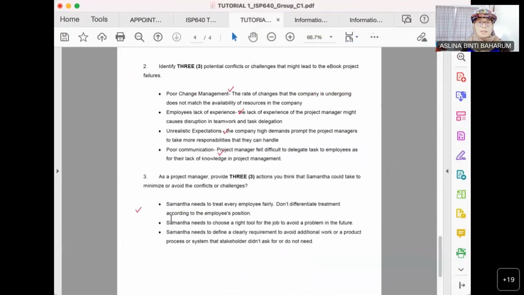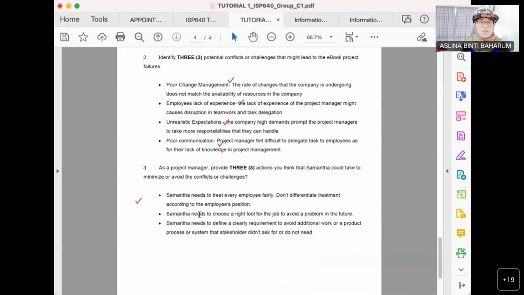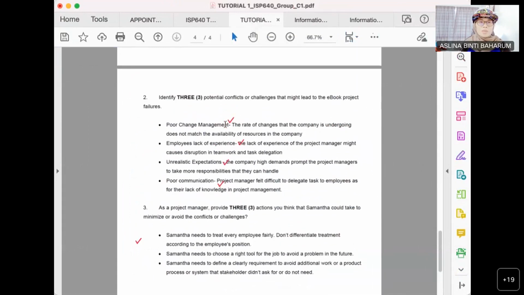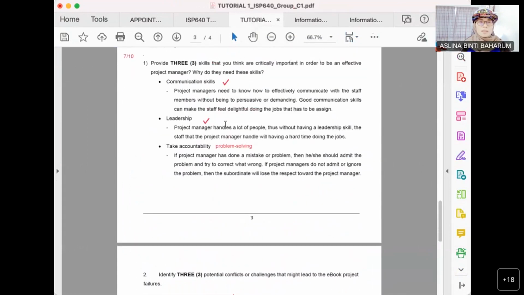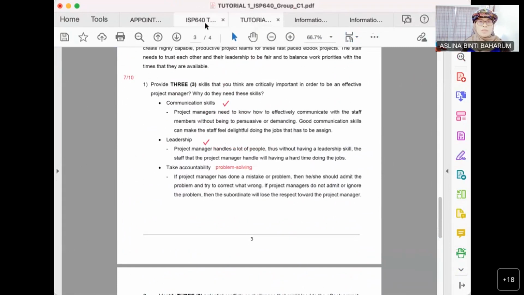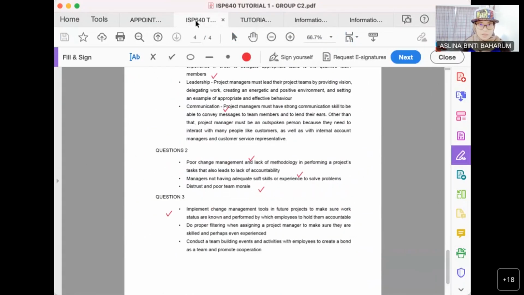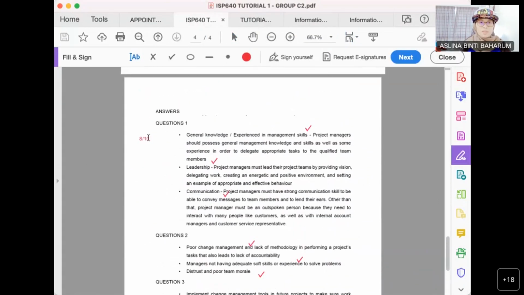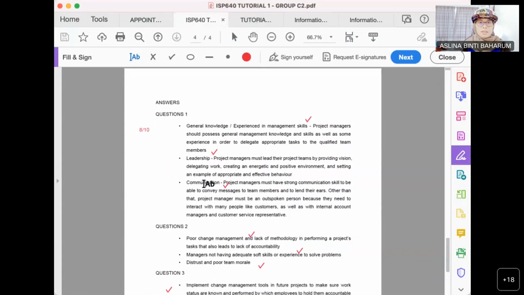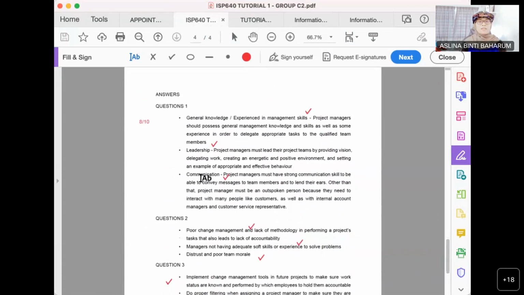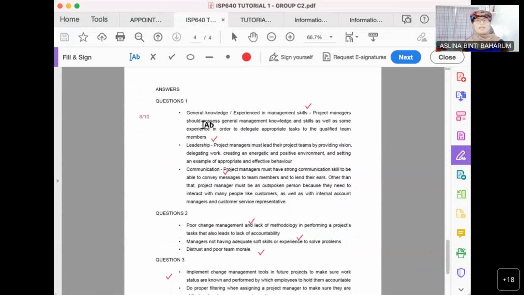Of course it's correct that it doesn't create value, but it's a close answer, not an accurate answer. So I gave half marks. So group C1 gets 7 out of 10, and group C2 gets 8, because all these 3 are skills.